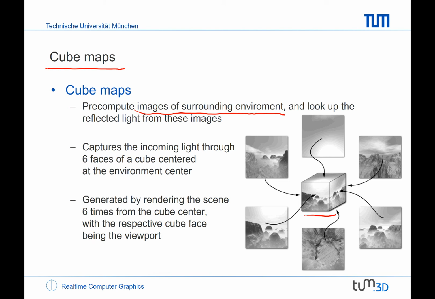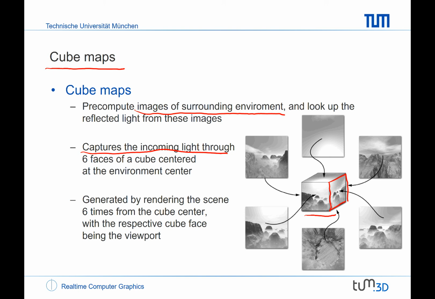So the 6 cube faces become our virtual view windows, and we simulate what we see when looking through these windows by rendering the surroundings with the cube center being the camera position and the viewing parameters defined properly. So the cube map in fact captures the incoming light through the 6 faces of that cube, which is centered at the environment center, which we have defined.